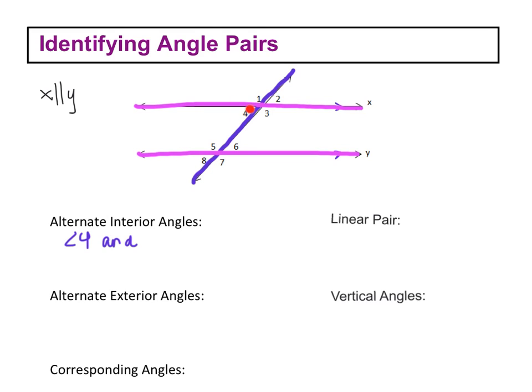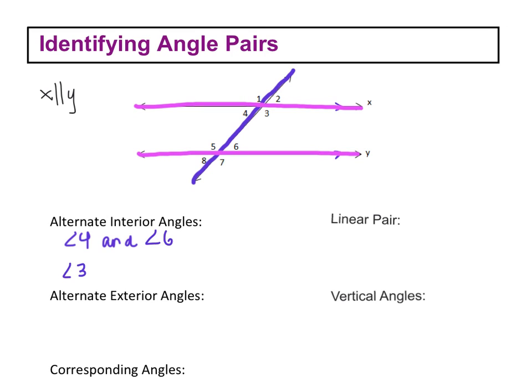So angle 4, I can't pair it up with angle 3 because those are in the same grouping of angles. We need one from this group and one from this group. So angle 4, it can't pair with angle 5 because that's on the same side of the transversal. So angle 4 and angle 6. It almost looks like they're diagonal from each other. So angle 4 and angle 6 are alternate interior.